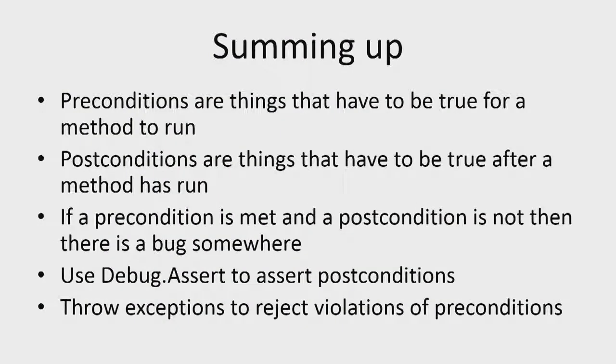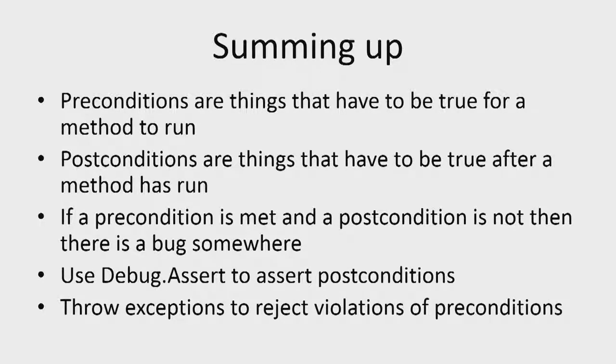Summing up, the preconditions of a method are the things that have to be true before a method runs at all. The postconditions are the things that have to be true after the method is run. And the right way to think about it is that the postconditions are the things that are true if the preconditions are true. They are dependent upon the preconditions.